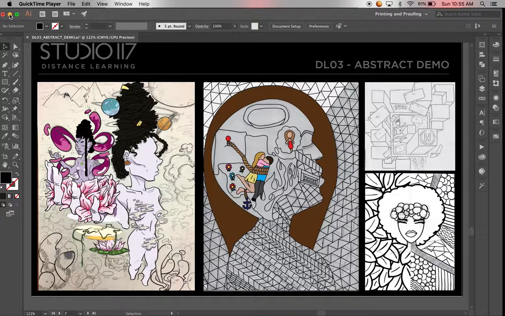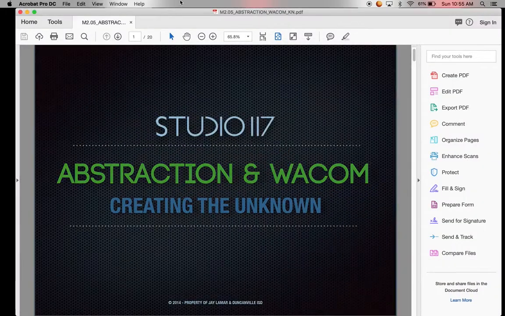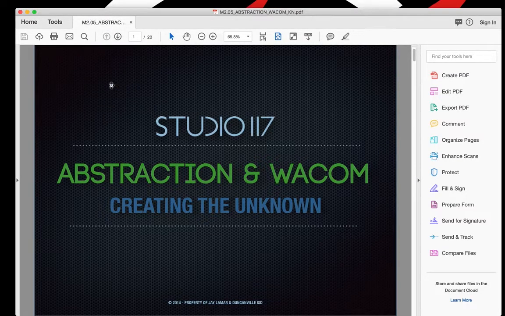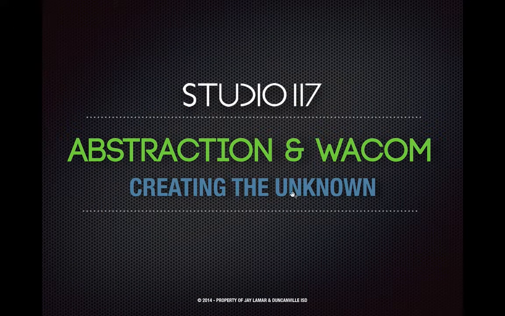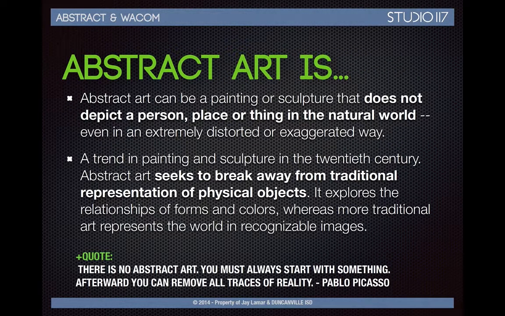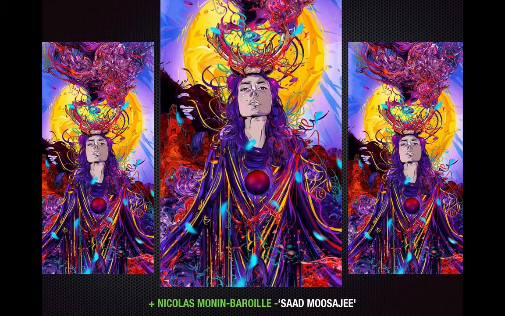Now, what are the differences between abstract and surrealism? If you guys recall this, you should have some notes on this. Abstract art is basically, and this slideshow is going to be uploaded onto the assignment, so you'll have that to refer to, but essentially, abstract art is not rooted in reality, doesn't have to be rooted in reality.